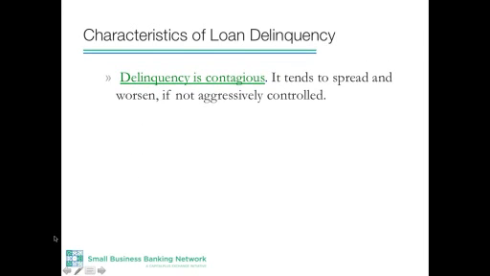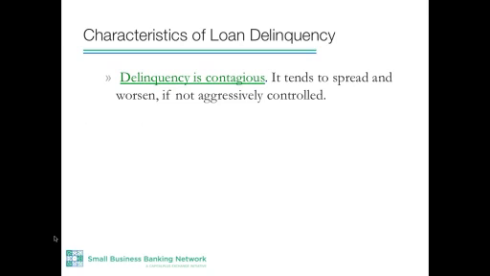Okay. So at this point, let's talk about the characteristics of loan delinquency. It is very critical for us to know how to identify signs that loan delinquency is about to hit us. Now, first of all, we have to appreciate that loan delinquency is contagious.